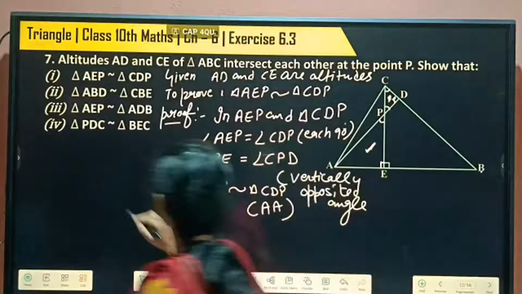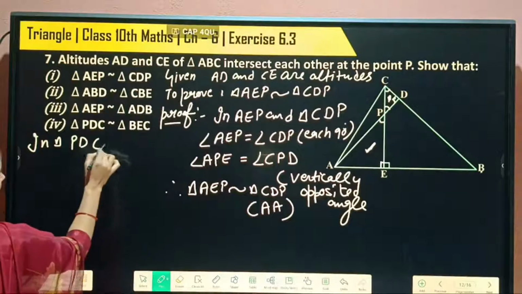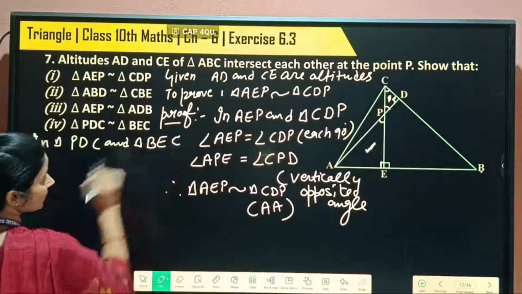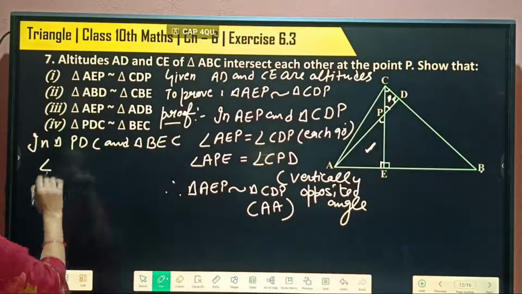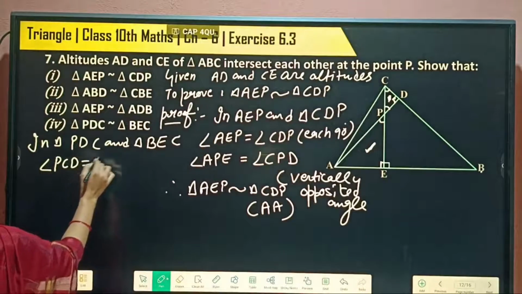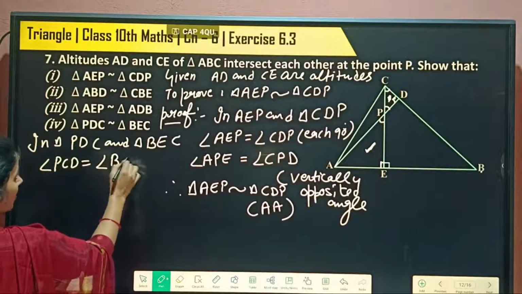Let us write in triangle PDC and triangle BEC, angle PCD equals angle BCE.